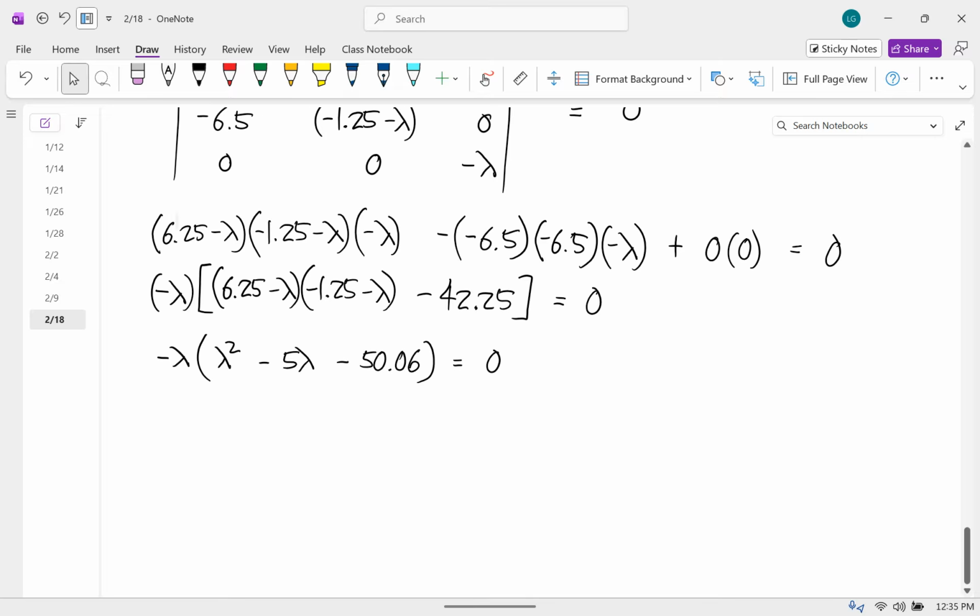And so the roots to this are lambda is equal to 0, lambda is equal to negative 5, and lambda is equal to 10. Or just like running down to 0.06 then in this example. I guess that's right. Yeah, probably. There's some round off in here.